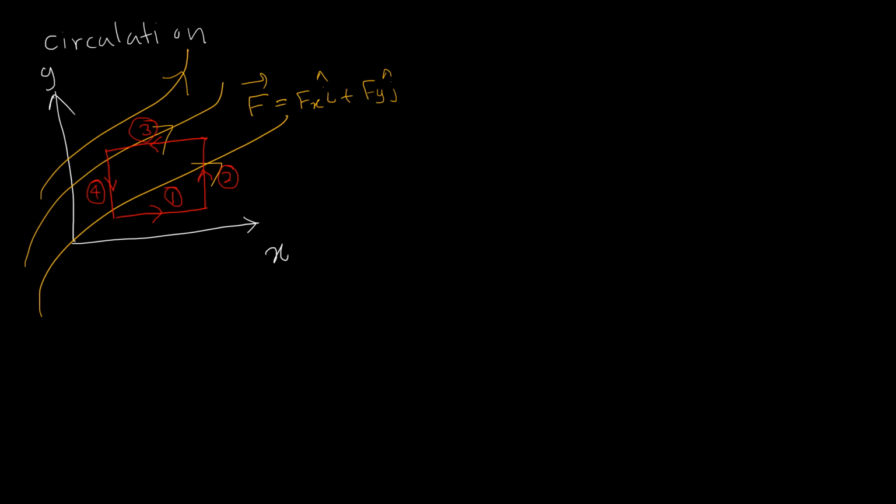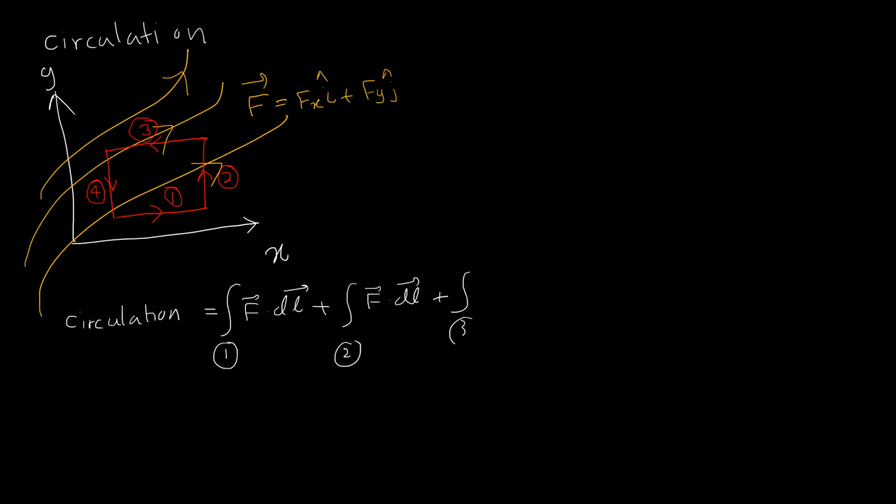Therefore, the circulation of the vector field can be written as the integral along path 1 of F dot dl, plus path 2 F dot dl, path 3 F dot dl, path 4 F dot dl. Let me calculate these line integrals along the different paths separately.